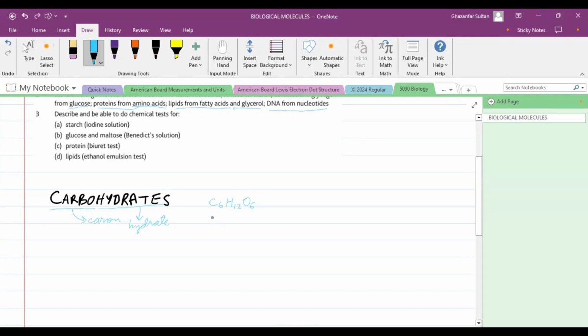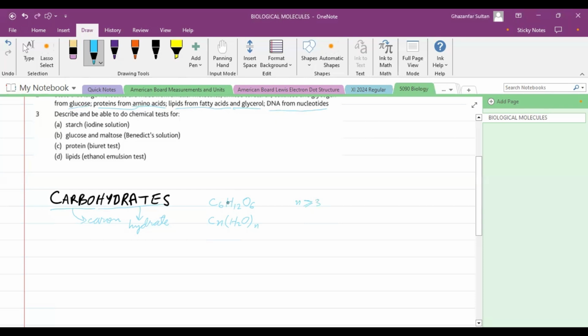What should be the simplest ratio? We can write it like this: CnH2nOn. N can be any number. The smallest value of N is 3, so N is equal to or greater than 3. The most common value of N is 6, so this is the formula of glucose.